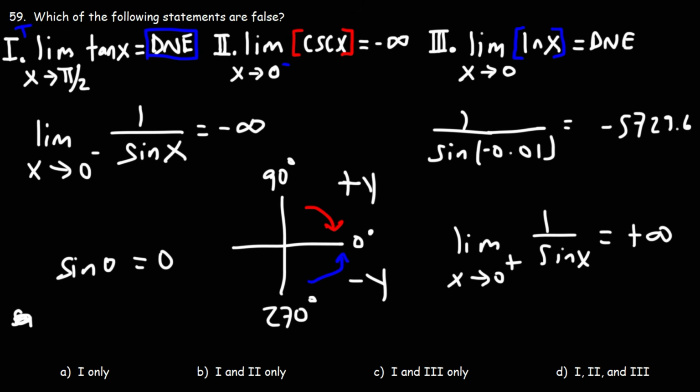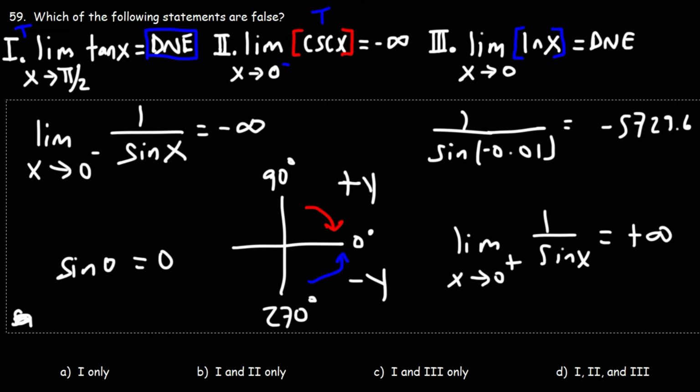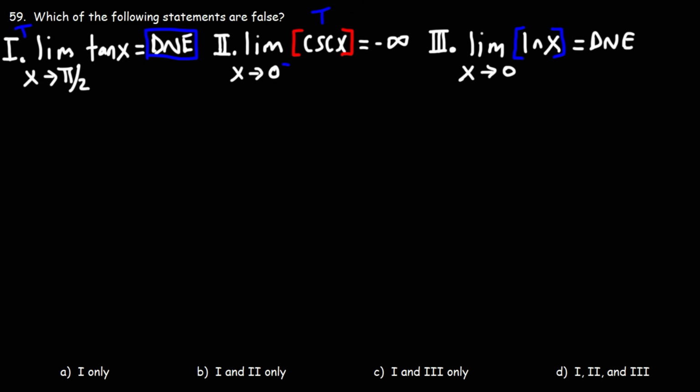So that's basically negative infinity. So that means that statement 2 is a true statement. As x approaches 0 from the left, cosecant goes to negative infinity. And keep in mind, cosecant is 1 over sine. Secant is 1 over cosine.